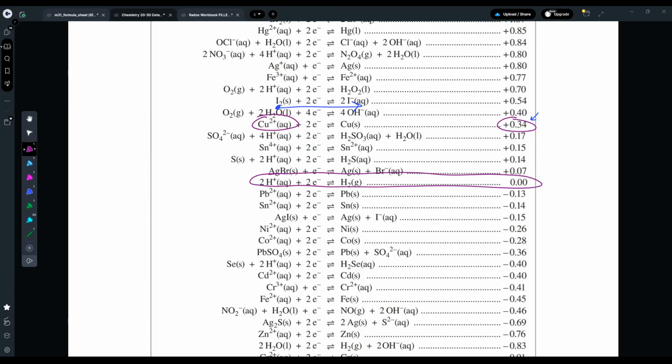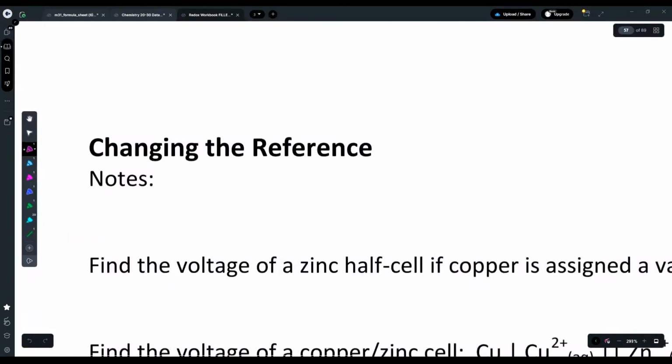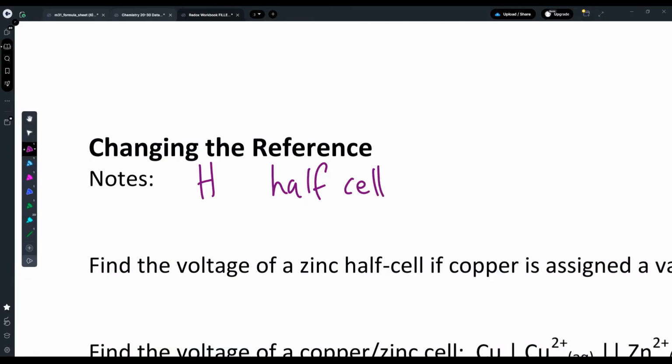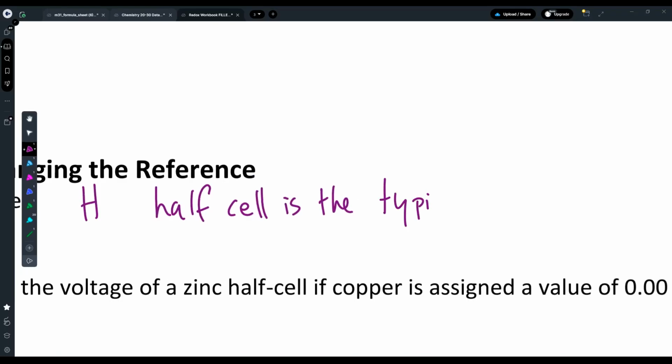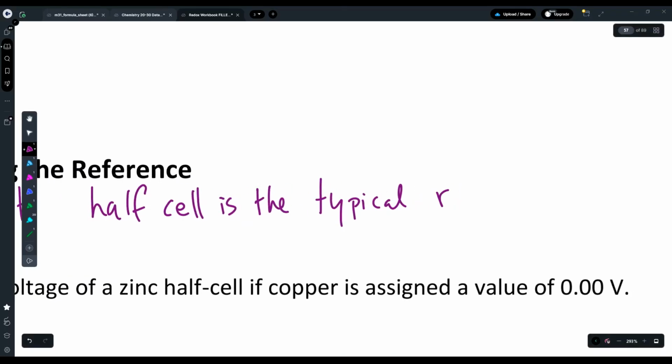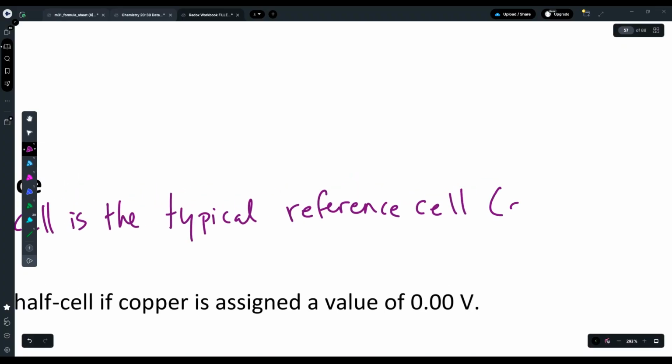Everything else in this table is based off of this reaction. So the hydrogen half cell is the typical reference cell, which means it's assigned a value of 0.